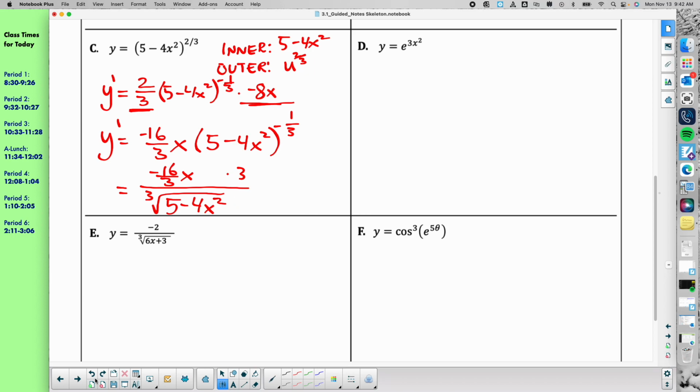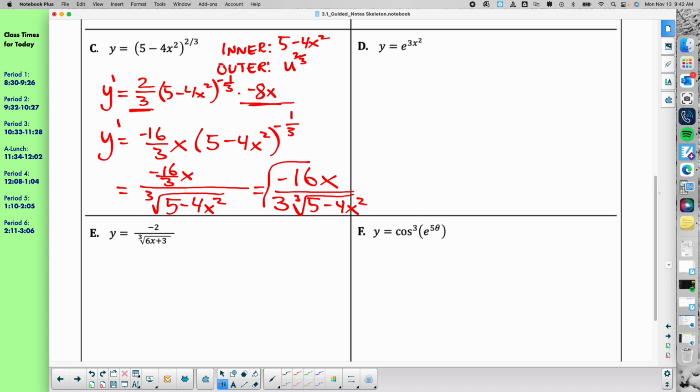The other way you can think about it, since the negative 16 thirds is the only fraction on the top, the thirds just moves to the bottom. There are different ways to think about it, but that's what we would simplify it to: negative 16x over 3 cube root of 5 minus 4x squared.